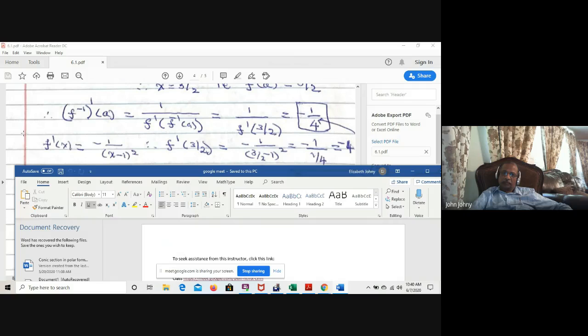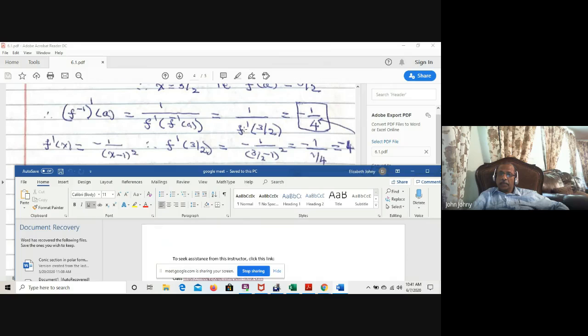So its derivative is negative 1 over x minus 1 the whole square, because the derivative of 1 over x is negative 1 over x square.